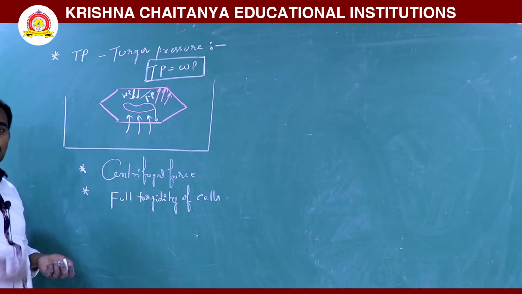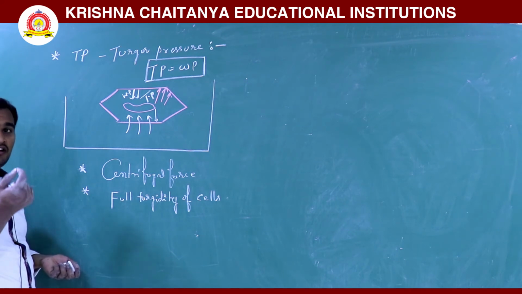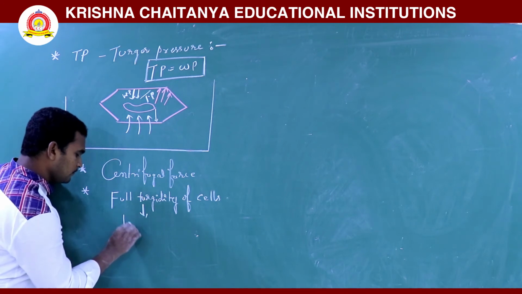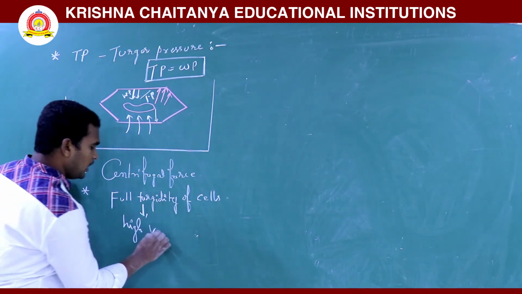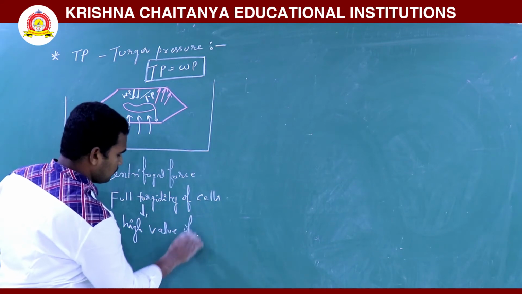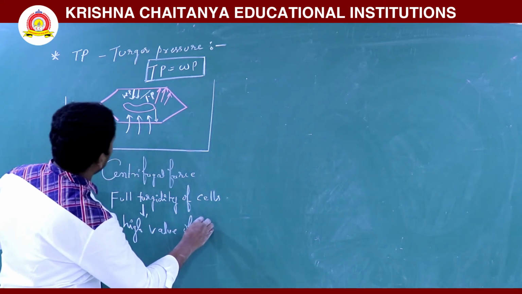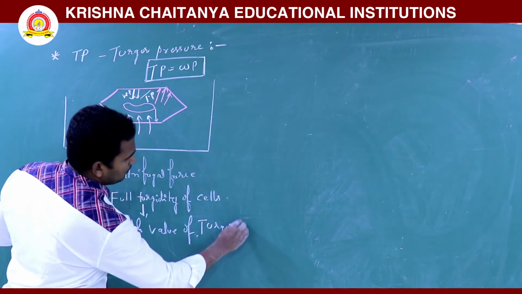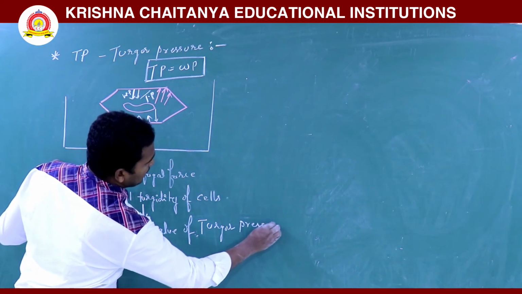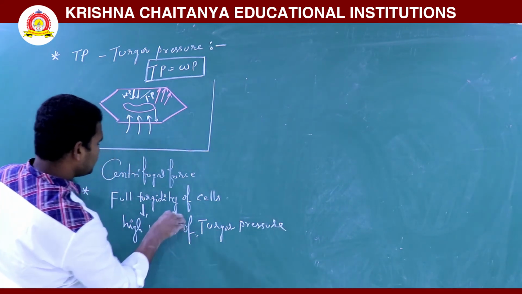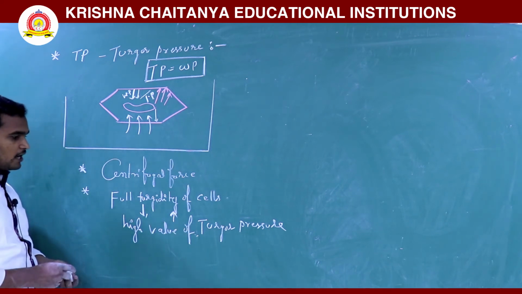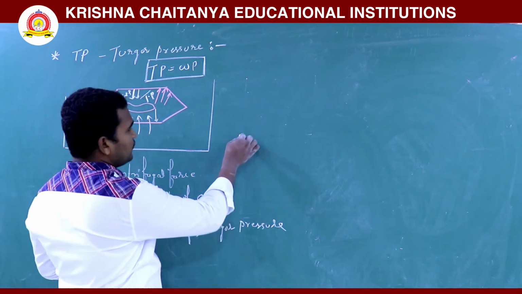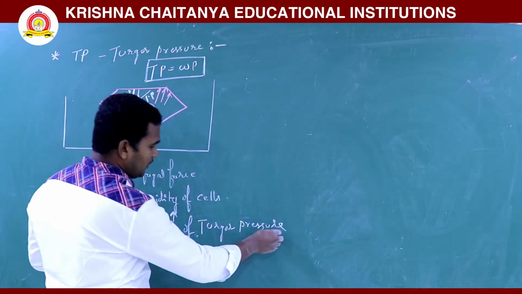When there is a high value of Turgor pressure, the cell is fully turgid. If water is fully present in the cell, then only we observe Turgor pressure.